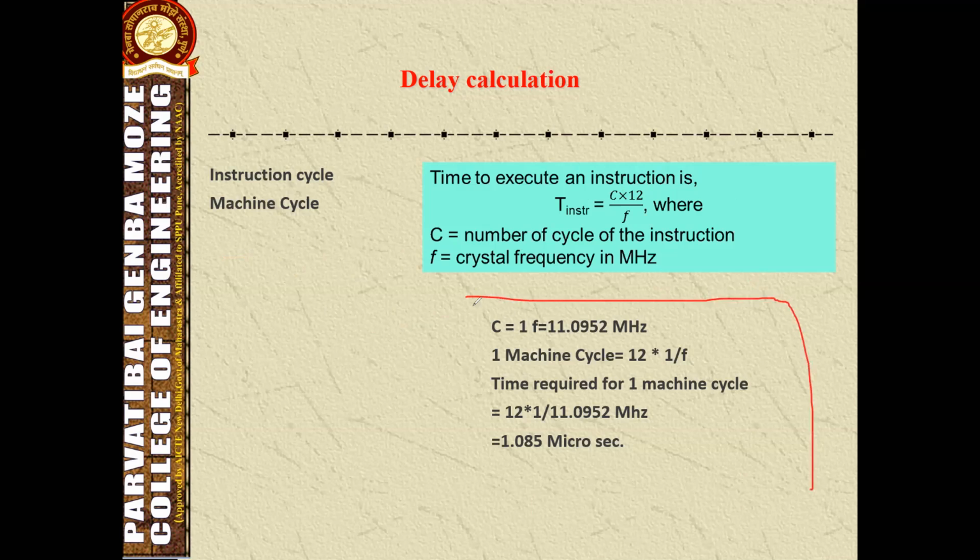See, this is one example. Here C is 1, because there is one machine cycle, and our clock frequency is 11.0952 megahertz.